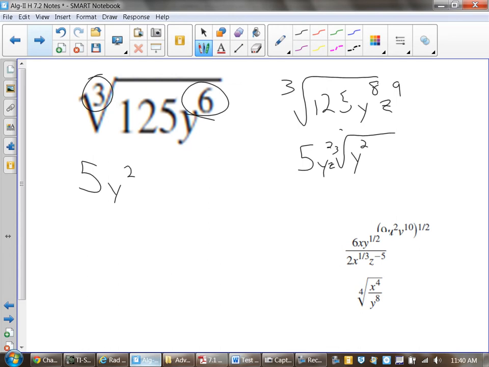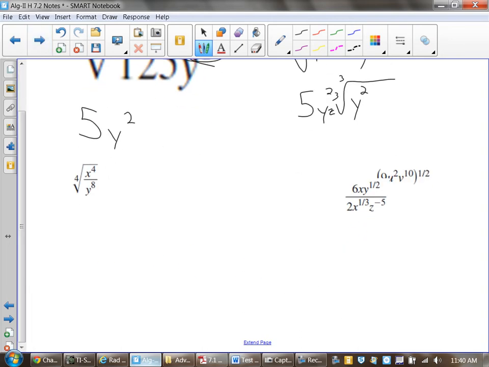Oh, I forgot my little cube root up here. Same idea with this. I have the 4th root of x to the 4th over y to the 8th. Remember, that means I'm taking the 4th root of both the numerator and the denominator. 4 goes into 4 how many times?